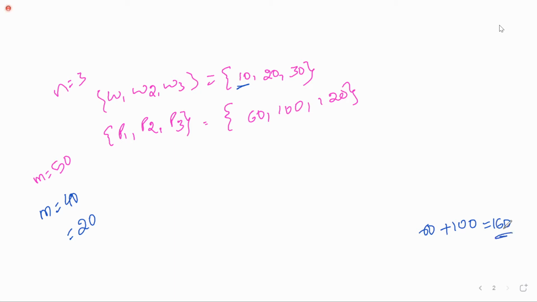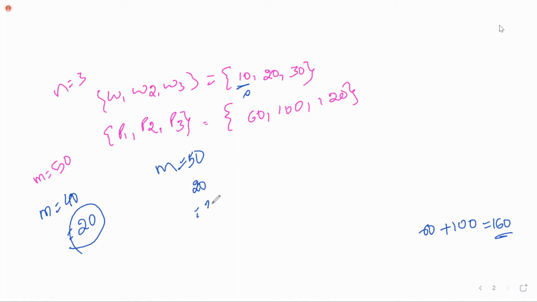But I'm achieving a profit of 160 only. Still my bag has a capacity of 20, but I cannot place a weight. So now what I'm doing is, I don't want to consider the first item. I just consider the second and third items. Initially my bag weight is 50. I don't consider this 10. I'm just considering 20.